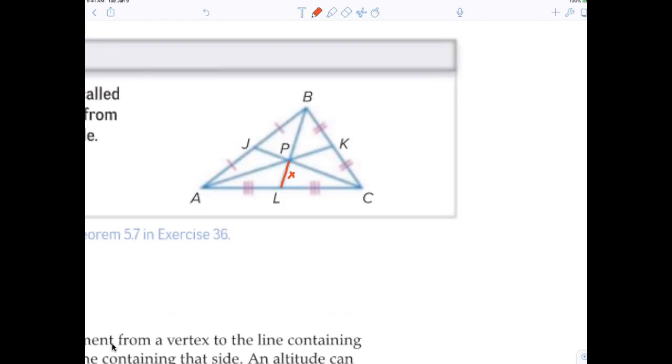Should I agree with that? BP is 2/3 of BL. Should I agree with that? All right. And then, of course, the whole length is 3x. All right. Hopefully everybody's okay with that. Very simple.